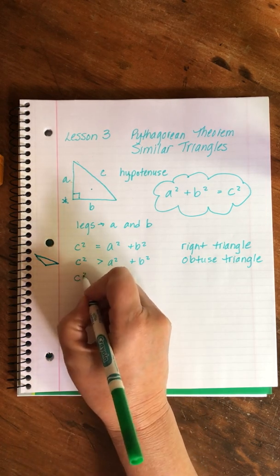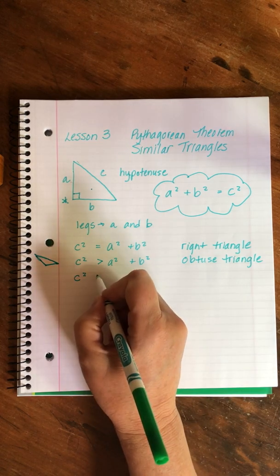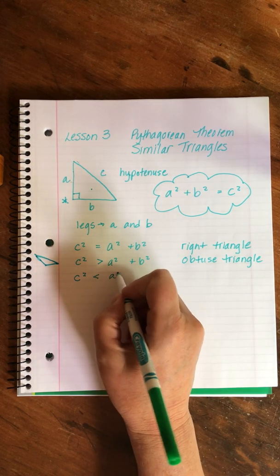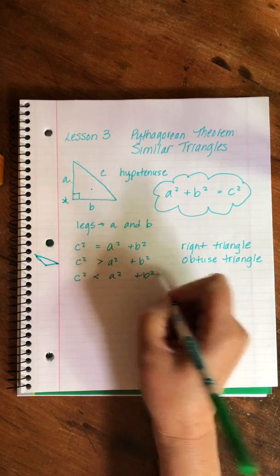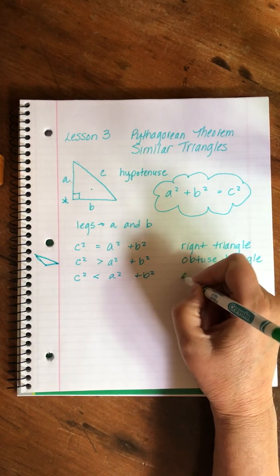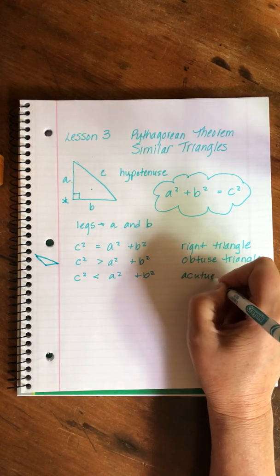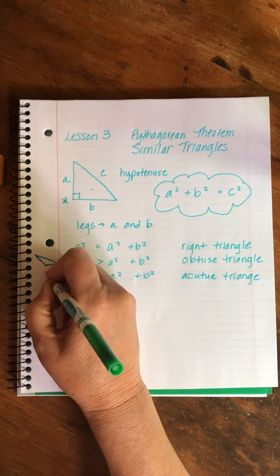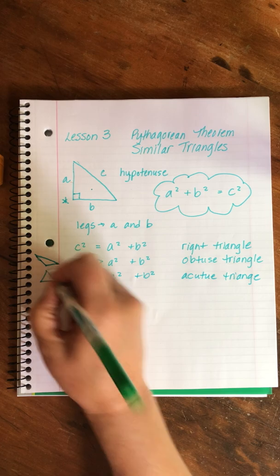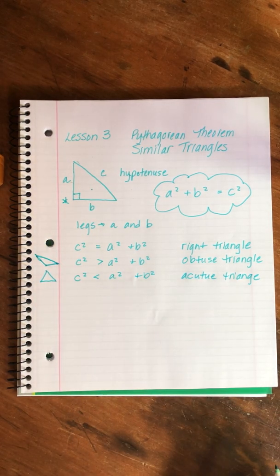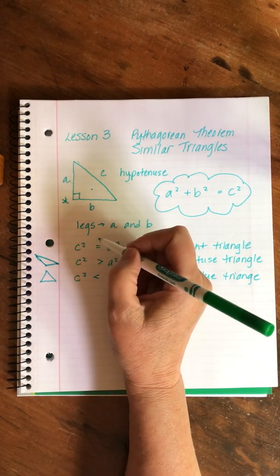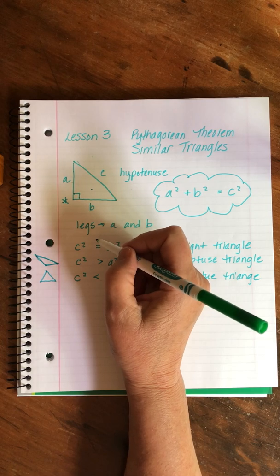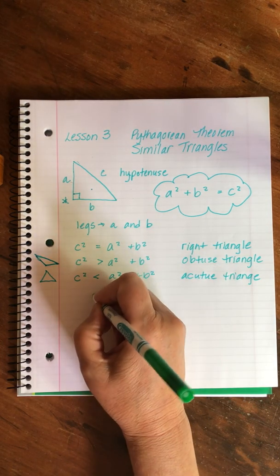Conversely, if we take the longest side and we square it and compare it to the other two and find that it's smaller, then this tells us that we have an acute triangle. Acute triangle is where all the angles are less than 90 degrees, okay? So this is information that we refer to as Pythagorean inequalities.